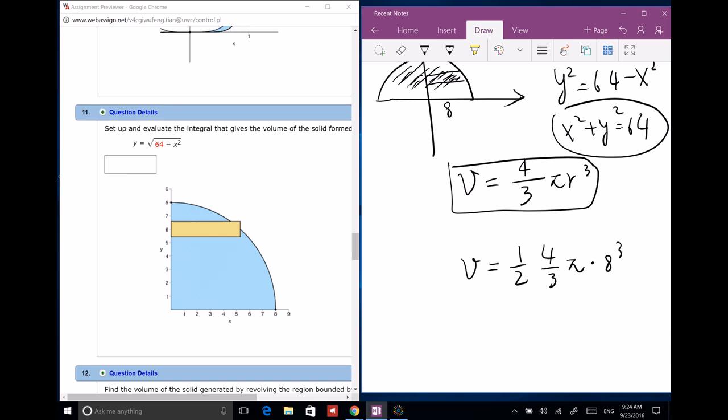Simplifying, 2 times 8 cubed is 64 times 8, which is 512 pi, and you finish that.